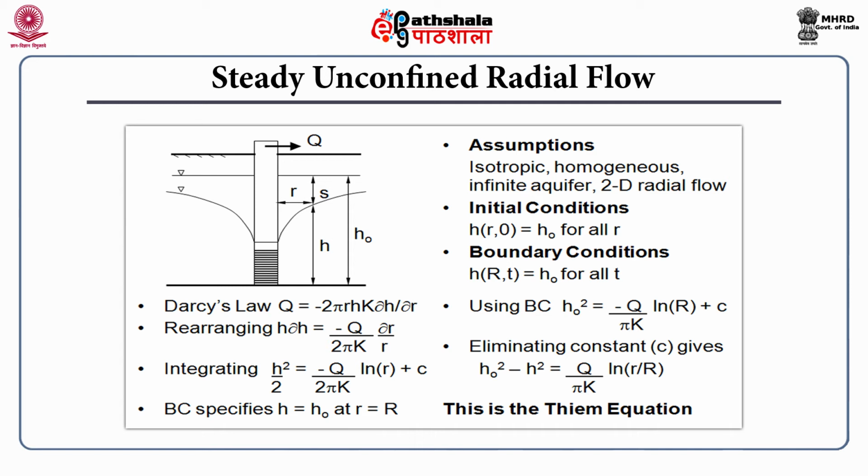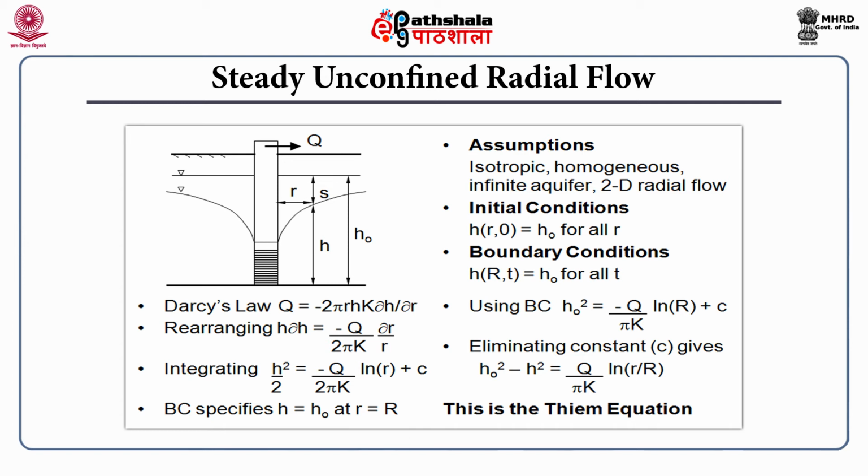So, Q equals 2 pi r h, that is the area, into K, hydraulic conductivity, into the hydraulic gradient, that is dH upon dr. By rearranging, we can get H dH is going to be Q upon 2 pi K into dr upon r, and by integrating this equation, we can get H square by 2 equals Q upon 2 pi K ln r plus an integration coefficient C. And by applying the boundary condition H equal to H naught, it means at the radius of influence where there is no drawdown, we can put small r equal to capital R, and we can obtain the value of capital C and find out the popular Thiem equation representing the water table profile at any pumping time.